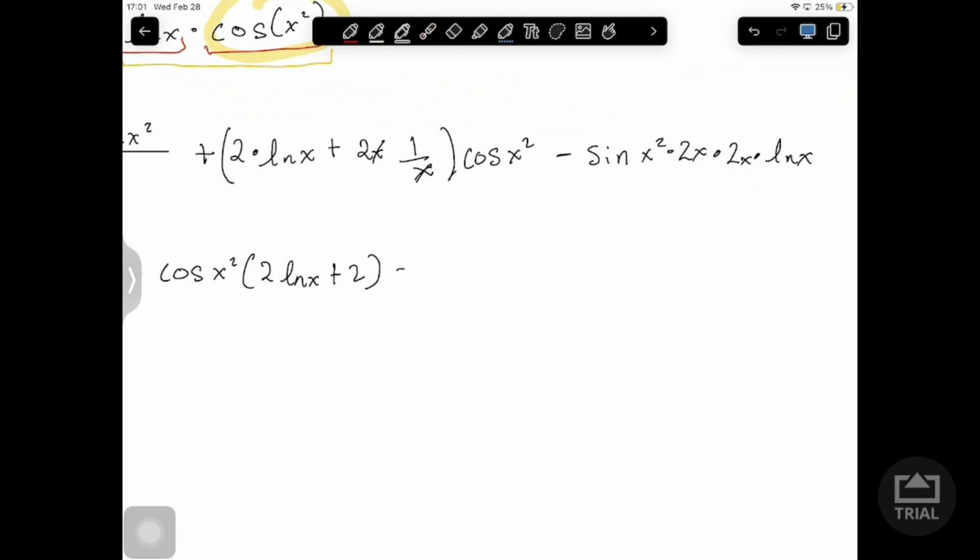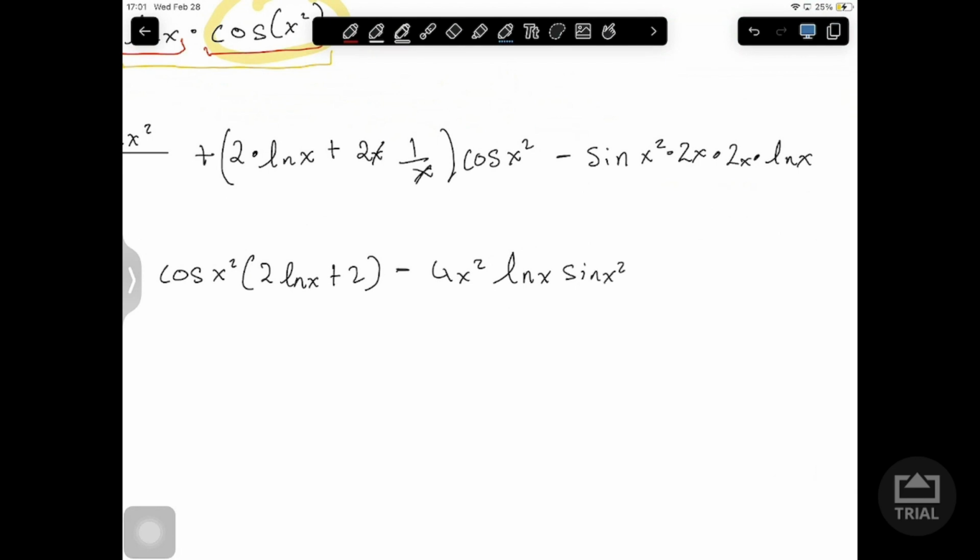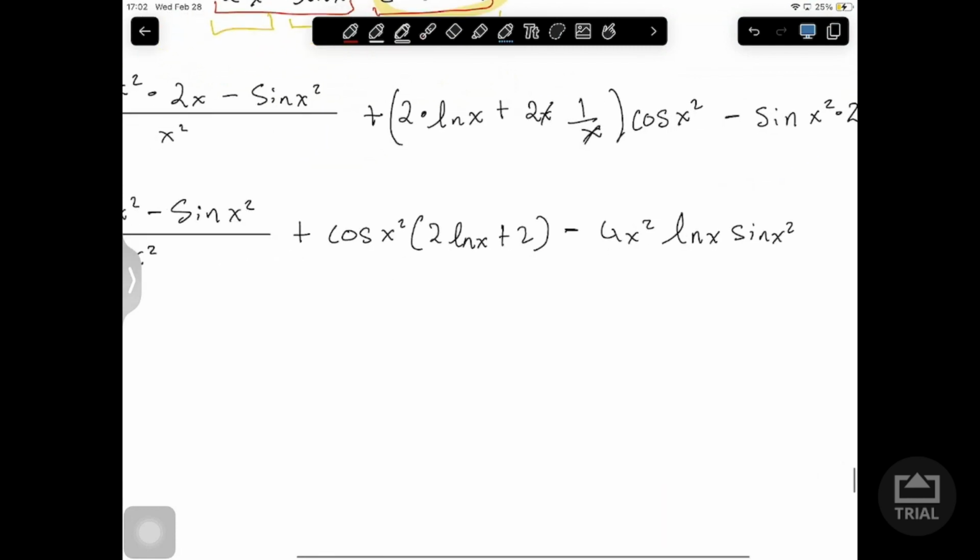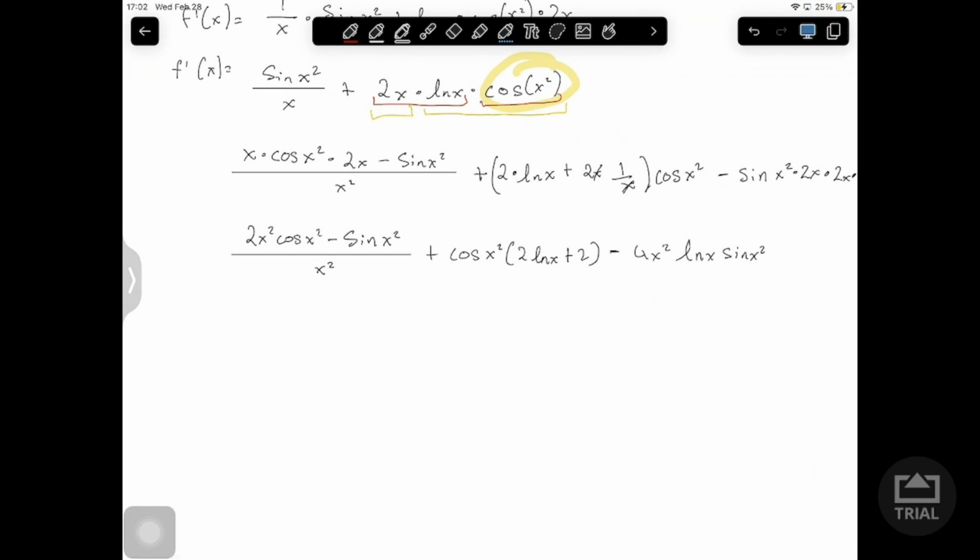Don't forget to write the negative. So 4x squared natural log of x sine x squared, and since this is multiplication, the order really doesn't matter. Okay, now let's see what we can do from here.